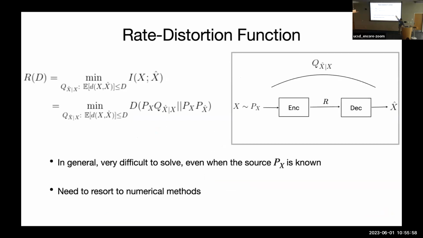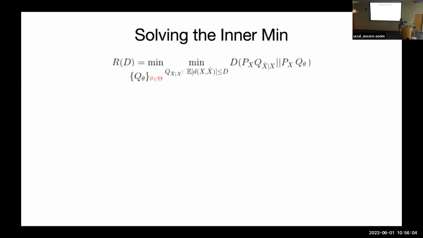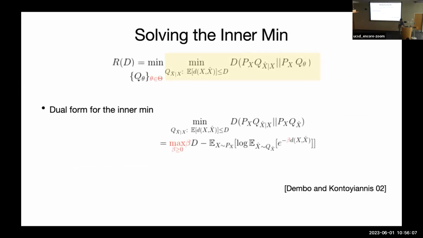The rate distortion function is very complex for these high-dimensional data sets: mutual informations cannot be computed, and we don't have the probabilities. But it turns out that we can use a very interesting duality relation developed by Dembo and Kontoyiannis 20 years ago. Using this duality, we are able to find precise estimates for the rate distortion function.